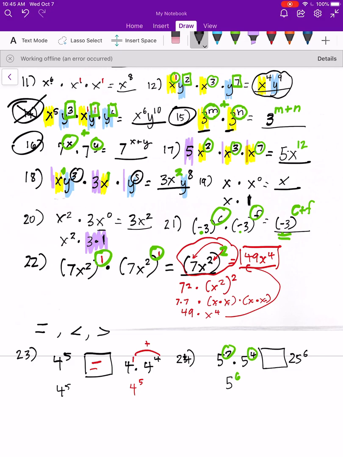So now let's think about that. If you didn't have a calculator, of course you could put it in your calculator, 25 to the 6th power. But if you didn't have a calculator, let's think about it. You have 5 times 5 times 5 times 5 times 5. 1, 2, 3, 4, 5, 6 of them. Here you have 25 times 25 times 25 times 25 times 25 times 25, and you have 6 of those.